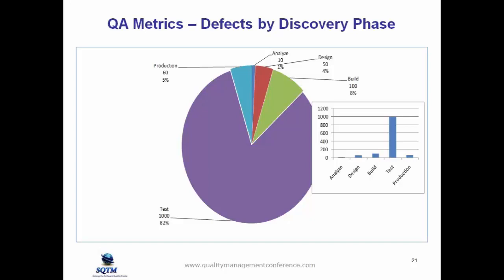Now, one of the things that I did on this particular graph is I've got testing looped into one big bucket, where actually I could break this out by assembly, by unit, by end-to-end, as well as UAT. We'll do that in the class. And then we got the 5% that were found in production.